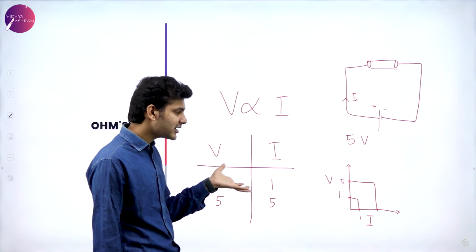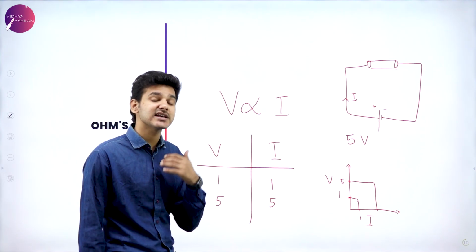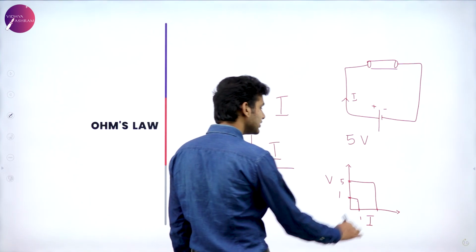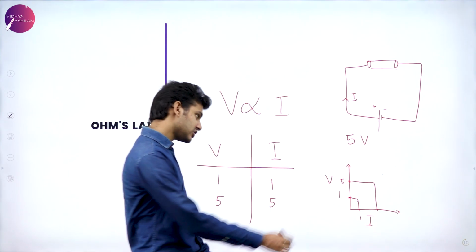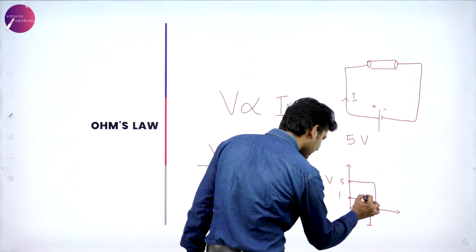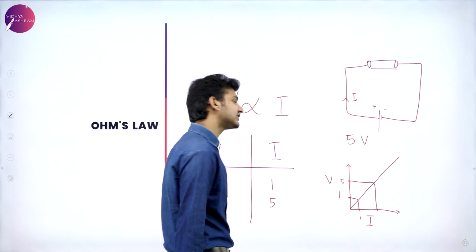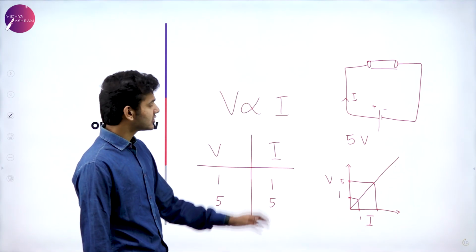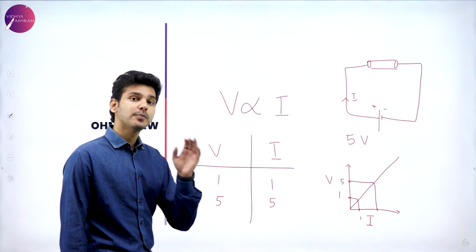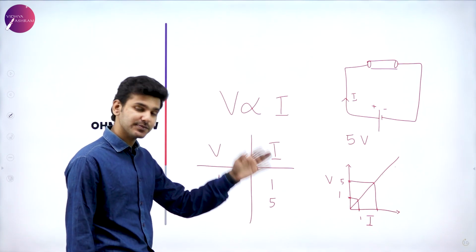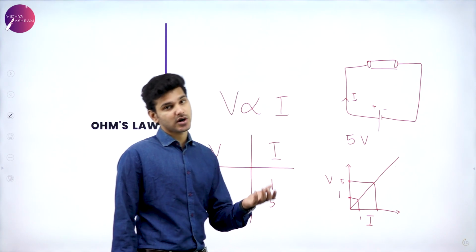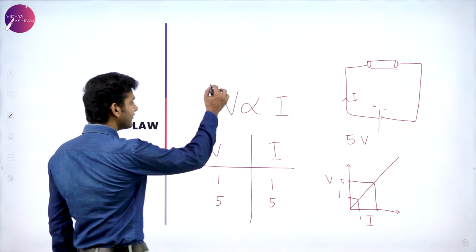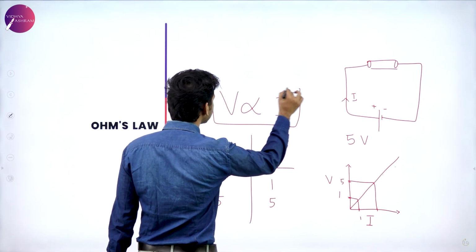Just like that, current also went increasing as I increased the voltage, and the values were found to be in an increasing manner. So when I plotted a graph, the graph was found to be a straight line. So this particular experimental setup proved that V was directly proportional to I. So I can say that V is directly proportional to I.